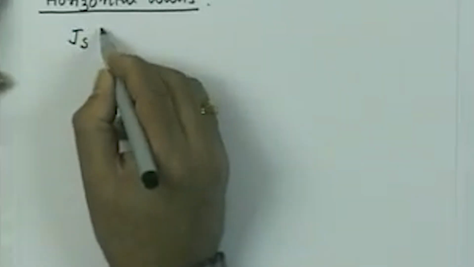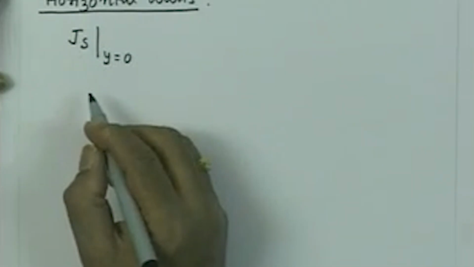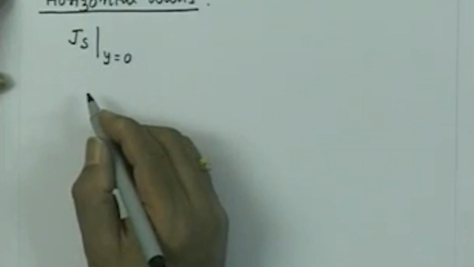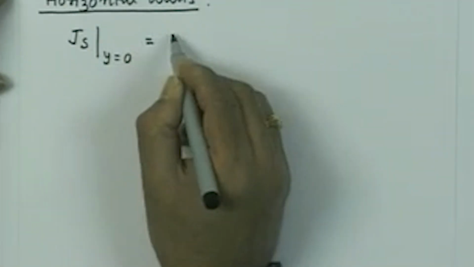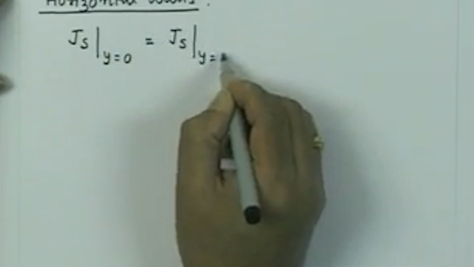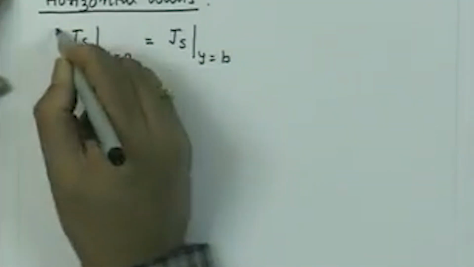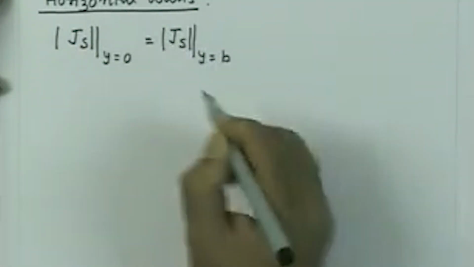We get the surface current Js at y equal to 0, that will be same as the surface current Js at y equal to b, and we are interested in finding out the mod of this quantity.